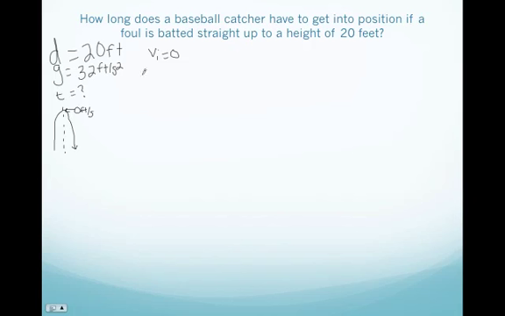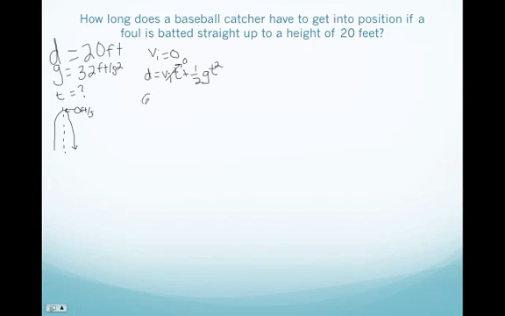All right, well, we've got time, so we can look at our equations and figure out which one we're going to use. I think it would be great here if we used d equals Vi t plus 1/2 g t squared. Again, because of this 0, that's going to take this whole factor here and turn it into 0.